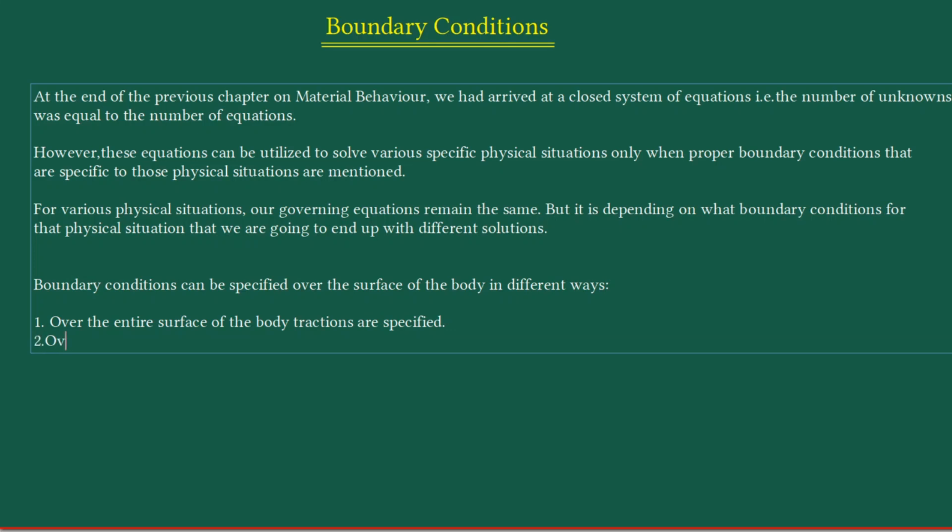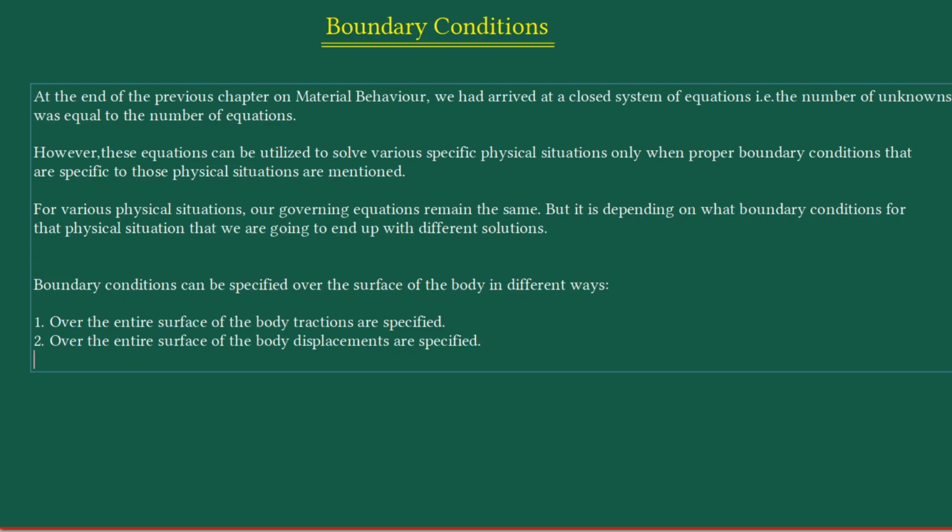Next, over the entire surface of the body, it is the displacements that are specified. And it can also happen that we have a mixture of the two: over a part of the surface, tractions are specified, and over the rest of the surface, displacements are specified. So it can happen in these different ways.